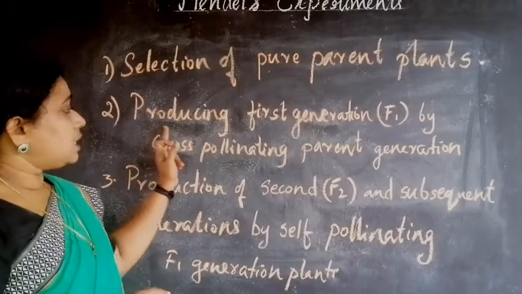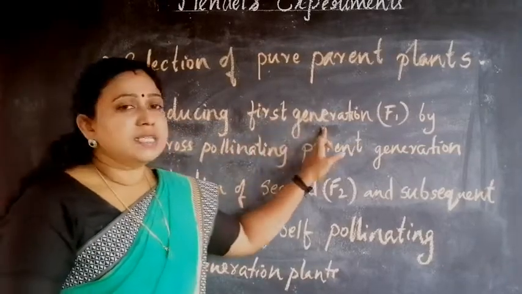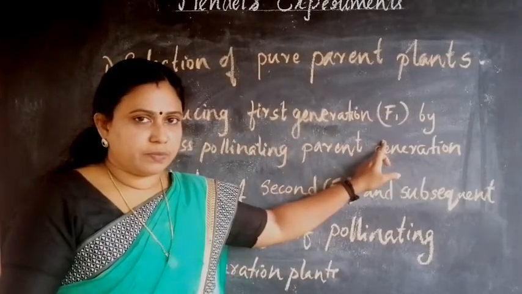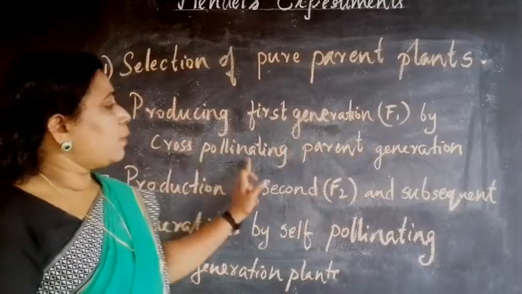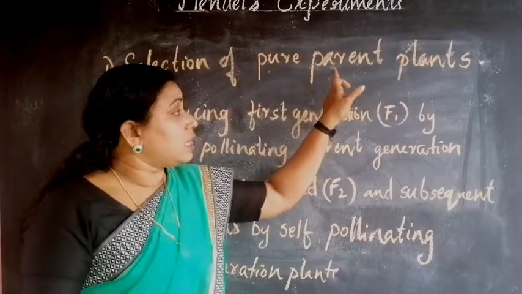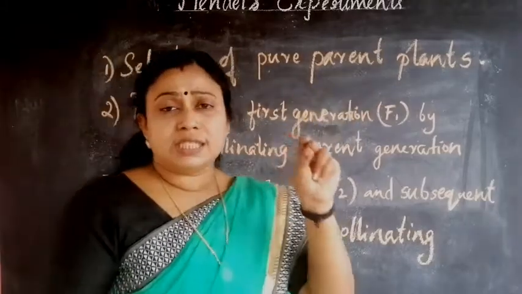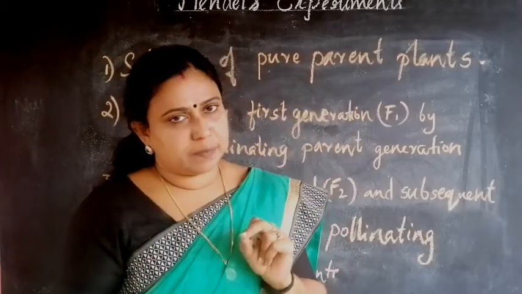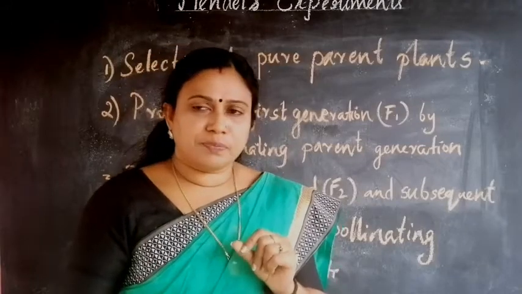The next step is the production of first generation by cross-pollinating these parent plants artificially. How is it done?